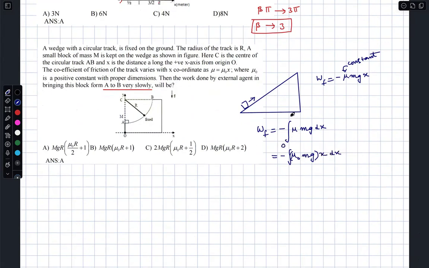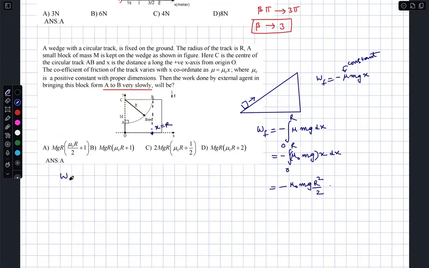Remember, x extends from 0 to R. So finally, you have minus mu naught mg times the integral of x dx, which is x square by 2, R square by 2. That is the work done by friction.